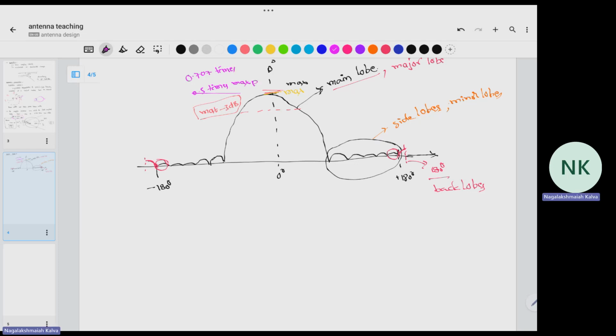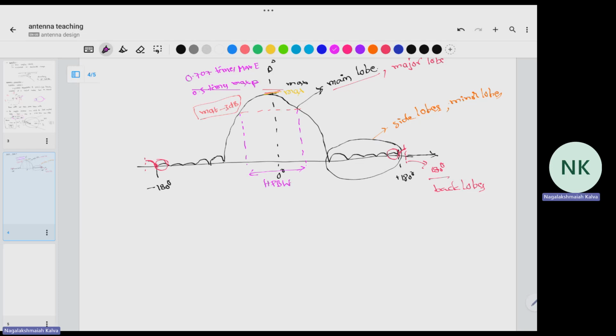This is maximum power, and 0.707 times maximum E field intensity. So all these terms are representing the same thing. So this beamwidth range, we can call the half power beamwidth.